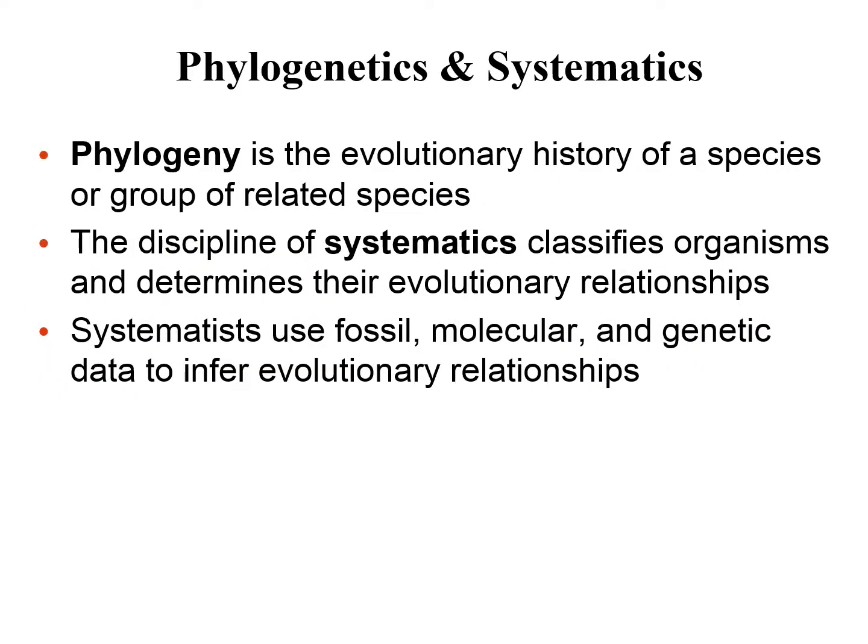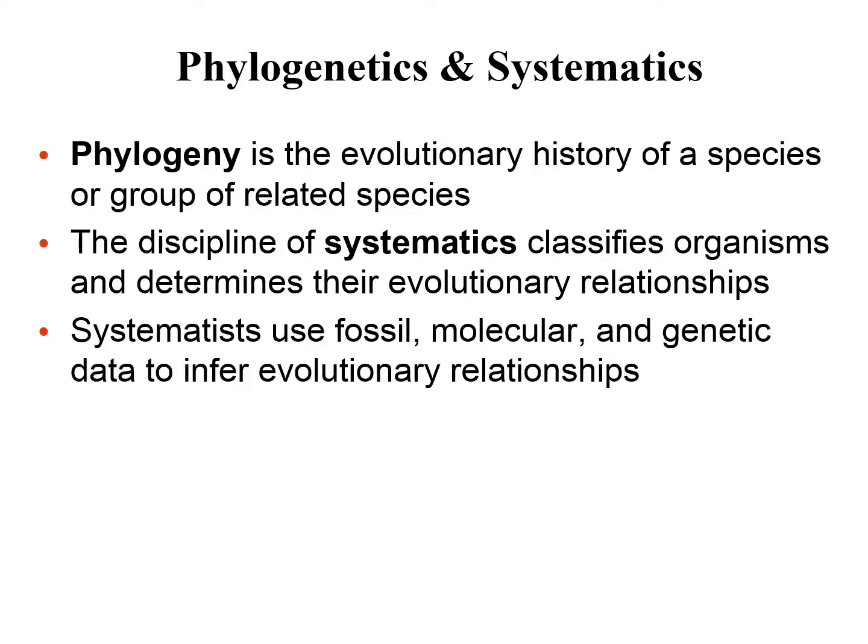So in order to study these groups of microbes and plants and animals, we do need to have a good understanding of how we determine evolutionary relationships amongst organisms. There's a couple of different branches of evolutionary biology that we'll need to look at, and one of them is systematics.